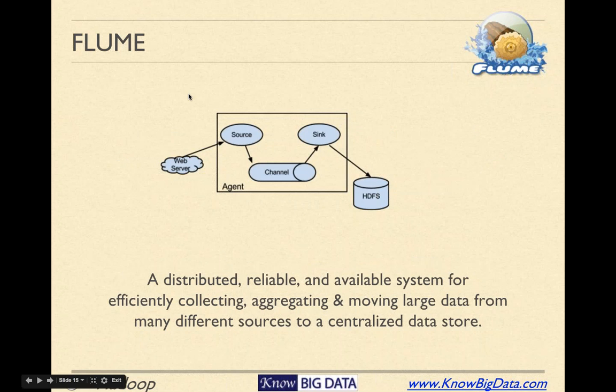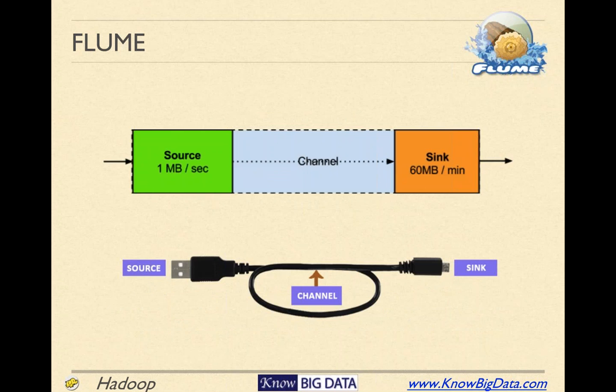Flume is made up of 3 things: source, sink, and channel. Flume is like a USB cable which has 2 ends, one which is source and the other which is sink.